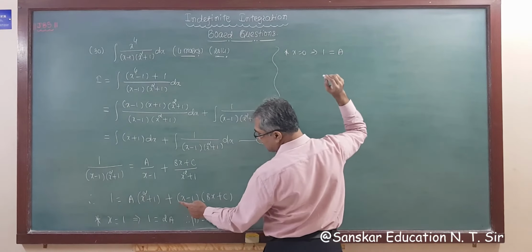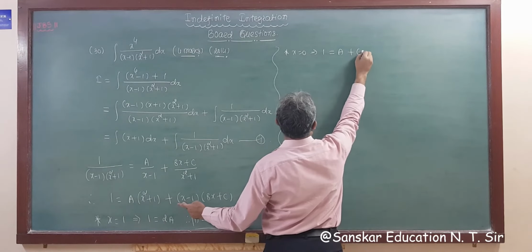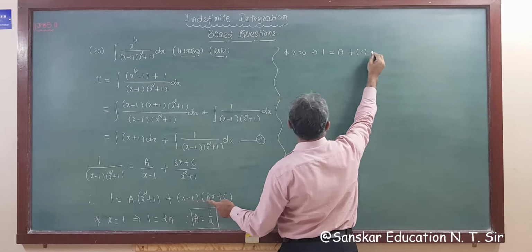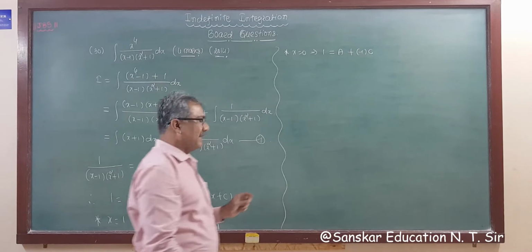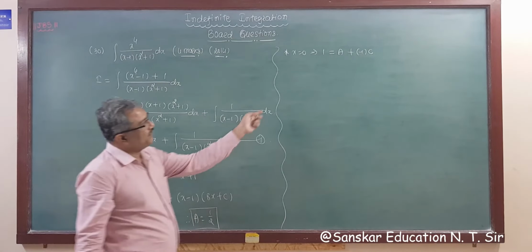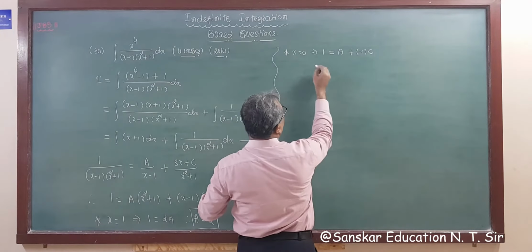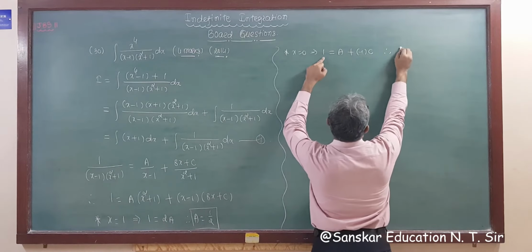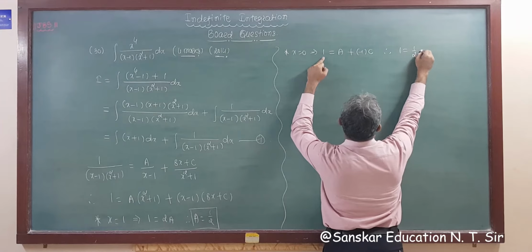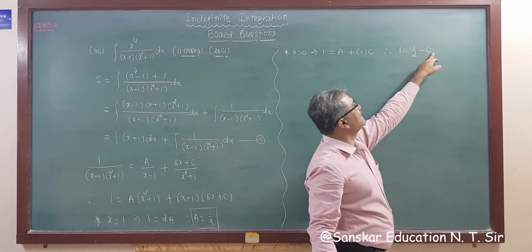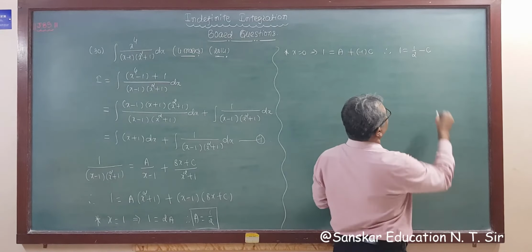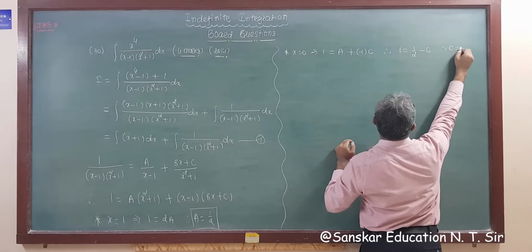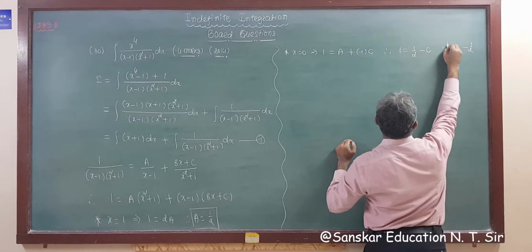Plus x is 0, so minus 1, and x is 0, so plus c. Now value of a is half, so substitute value of a is half here. What we get? So we get 1 is equal to half minus c. So c is equal to half minus 1, that is minus half. So value of c we get minus half, right?